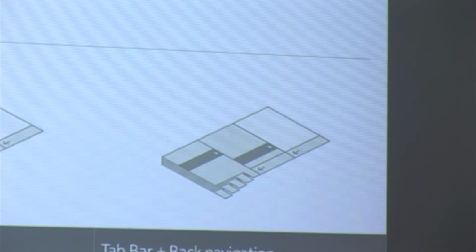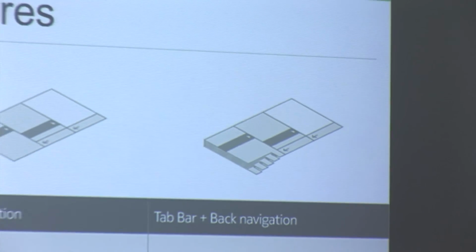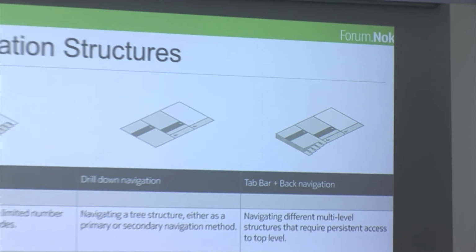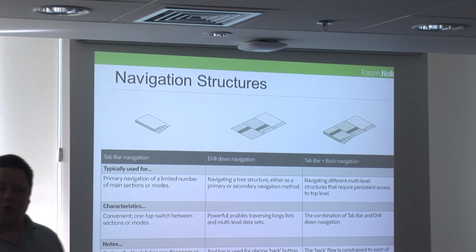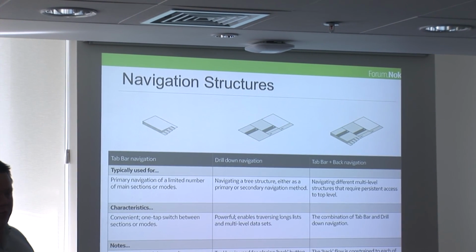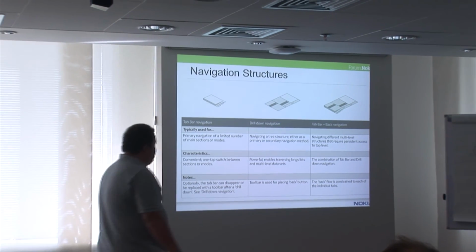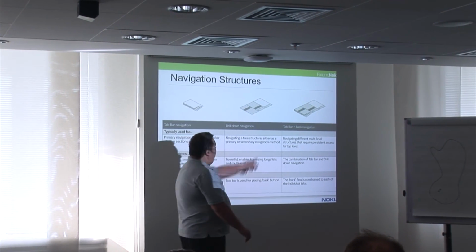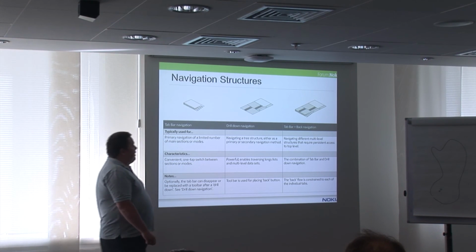Then you may have drill down. So there is a list item, but it can be any kind of UI control, where you have functionality to push the next page to the page stack. And that will result in us navigating here. Then we show the icon to navigate back.